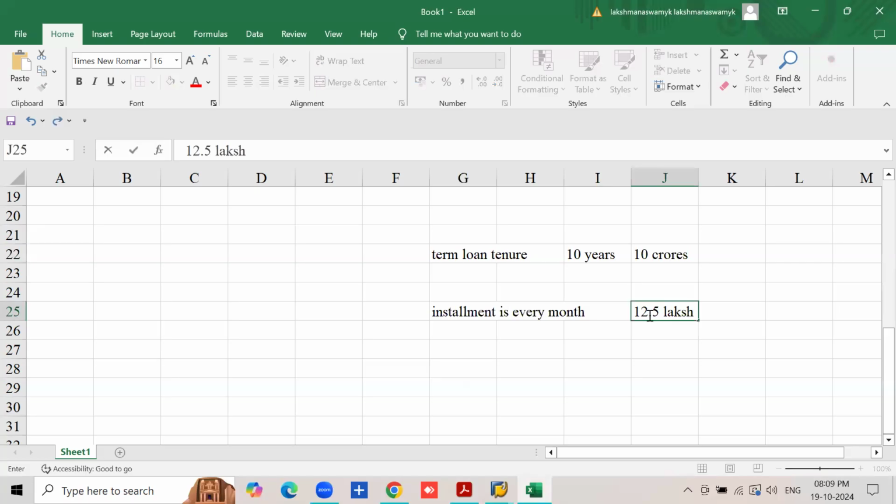Now, when you pay this installment, it contains two parts: some amount towards interest, and some amount towards principal. Yes or no?